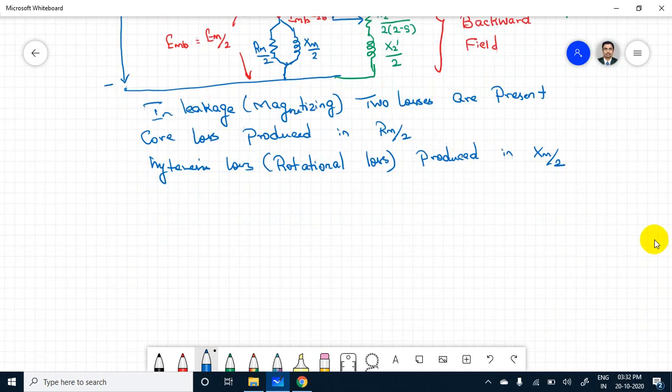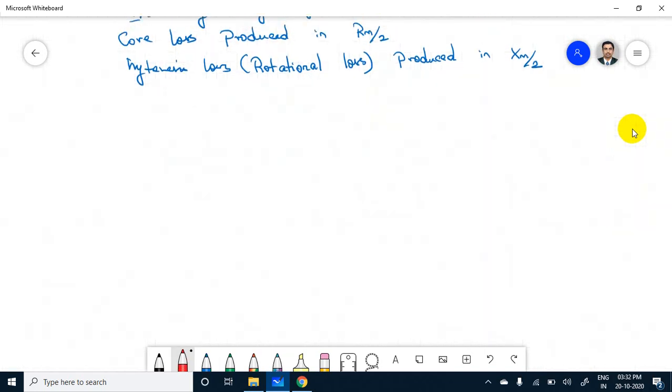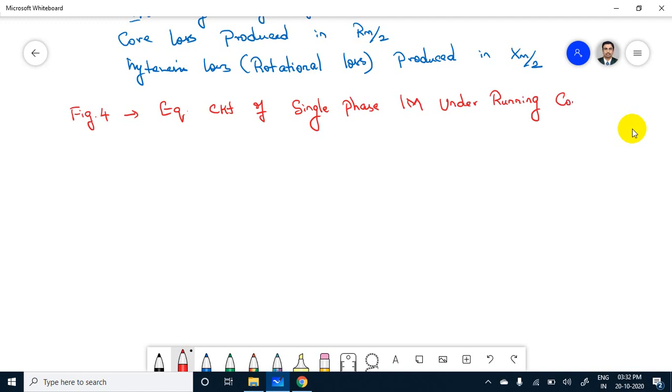Xm by 2. Okay, now figure 4 shows the equivalent circuit of a single phase induction motor under running condition by neglecting core loss.